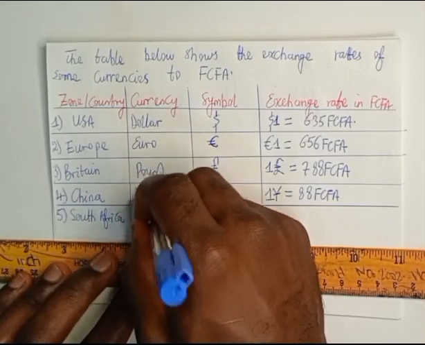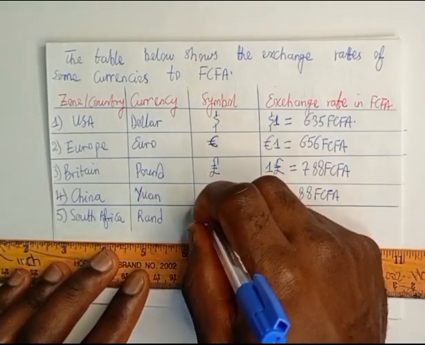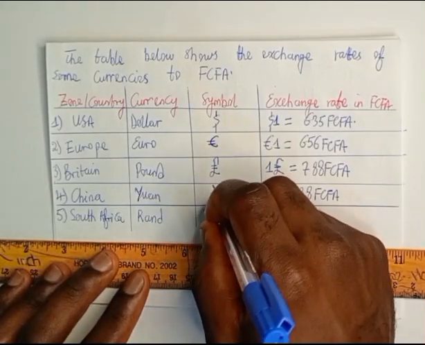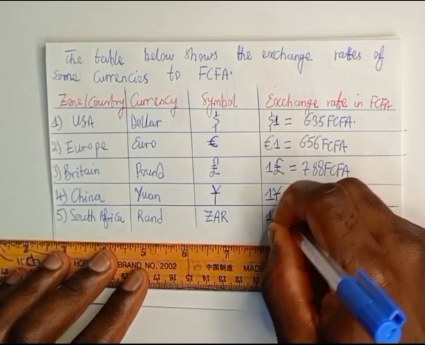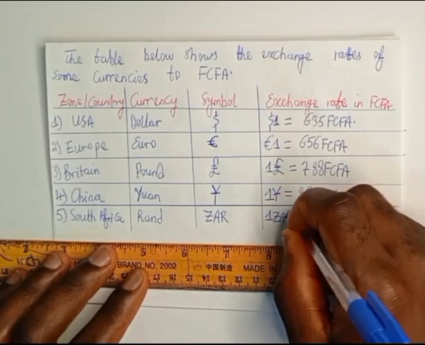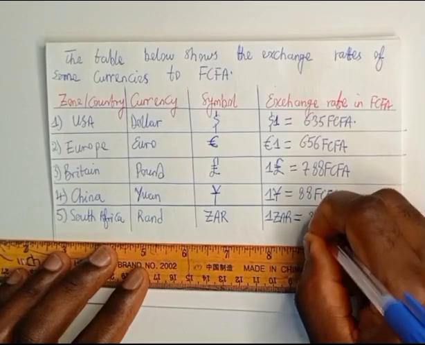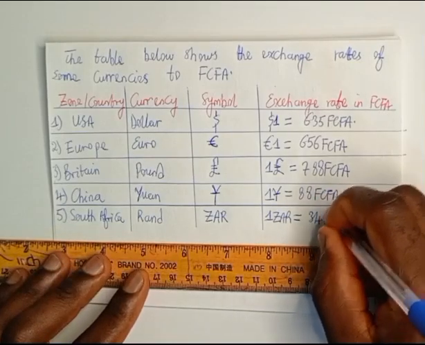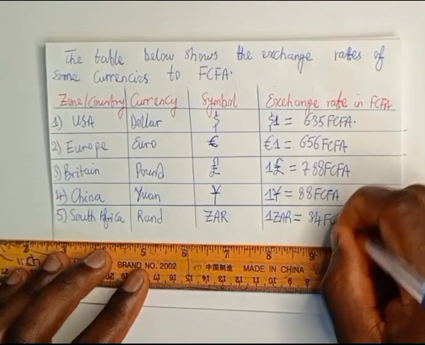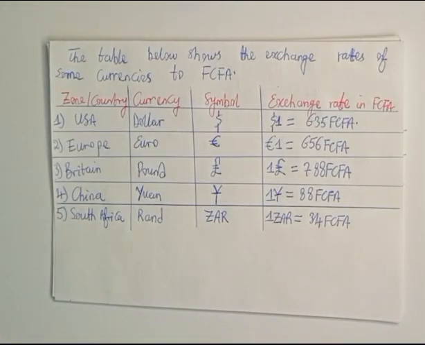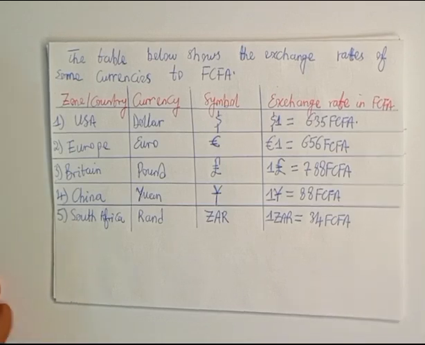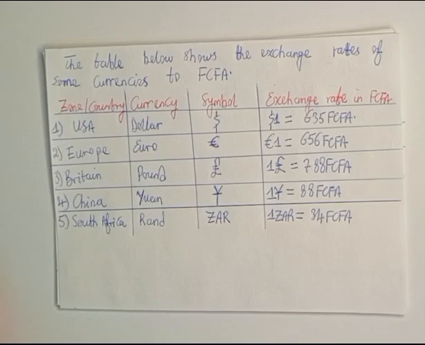The currency is the rand. It has symbol the ZAR, and 1 ZAR is approximately 34 francs CFA. There are so many other countries, for example Nigeria, where they make use of the naira, and the naira is a weaker currency to the franc CFA.